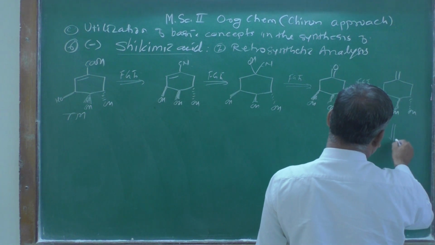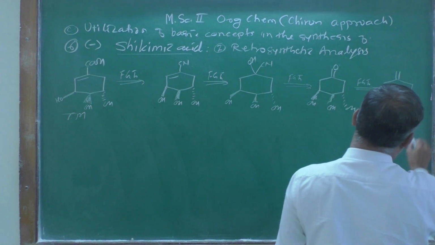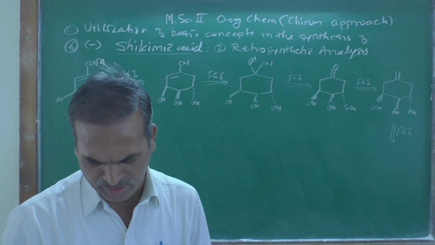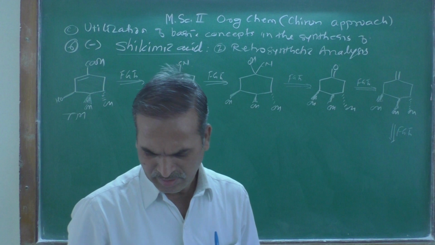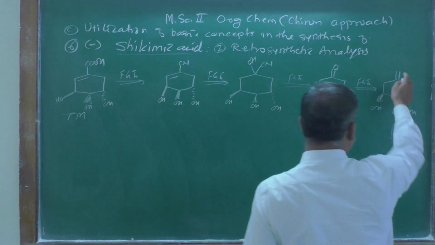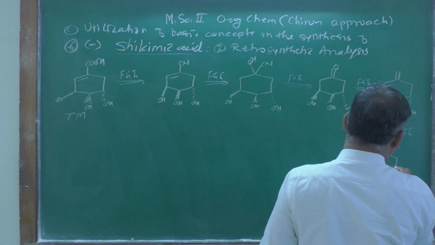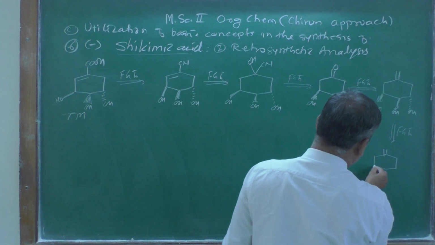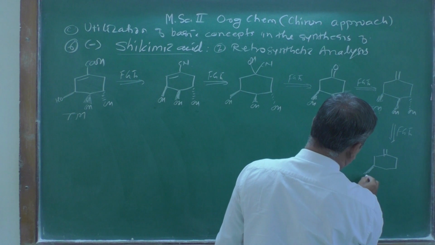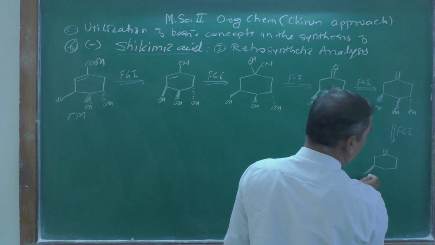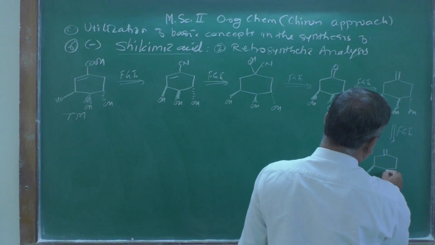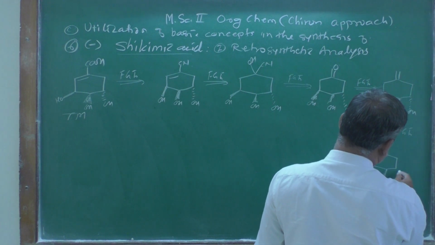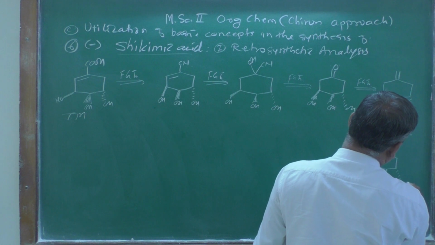And after that again do the FGI, functional group interconversion. What you are going to get here: we keep all these things as they are. Similarly, we protect with benzyl chloride, the benzyl group OBn, here also OBn, and here OBn.